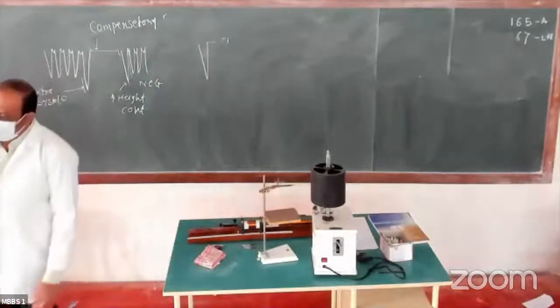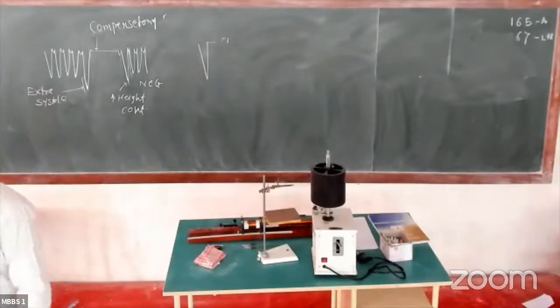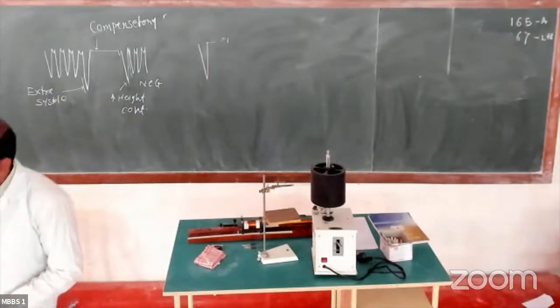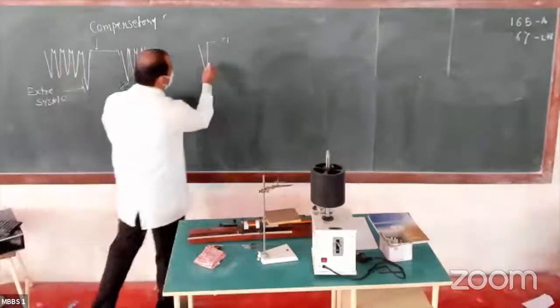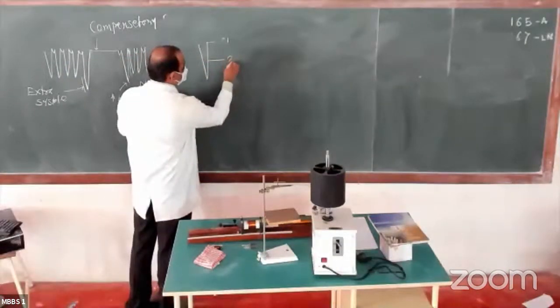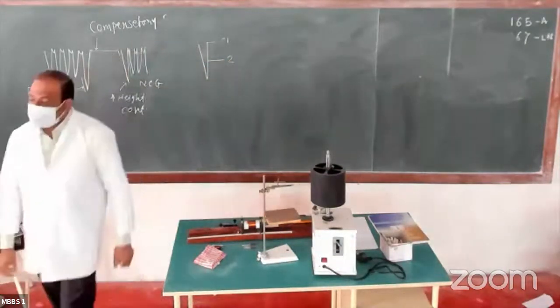Then we will again decrease the distance between the two strikers. So what will happen? The next stimulus falls earlier, and we will adjust this distance so that it stimulates the cardiac muscle during mid relaxation.